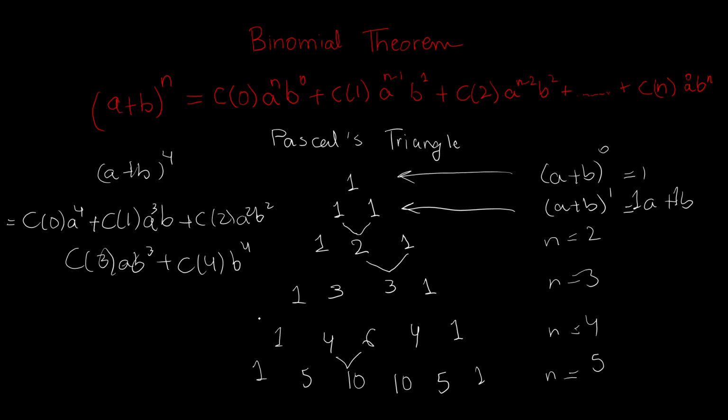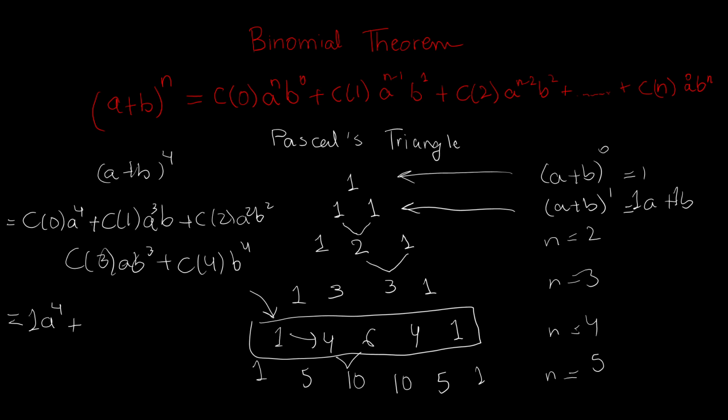Now, as you can see, the exponent is 4. That means the fifth row of Pascal's triangle would be applicable here. Hence, C of 0 would be the first one, which is 1, so 1 times a to the power of 4. Then C of 1 is the next one, which is 4, so 4 a cubed b.